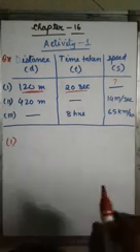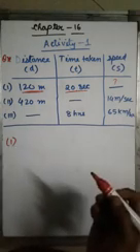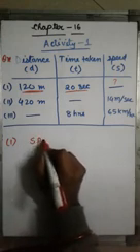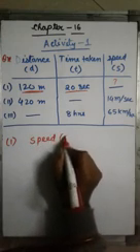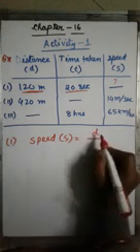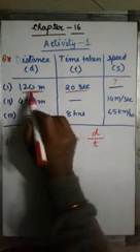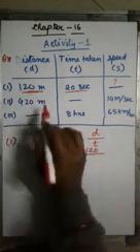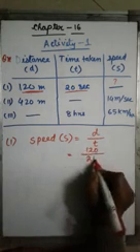As I have discussed a few minutes ago, speed s is equal to distance traveled by time. Distance traveled d is 120 and time is 20 seconds.